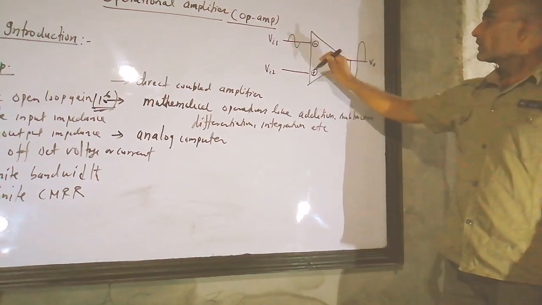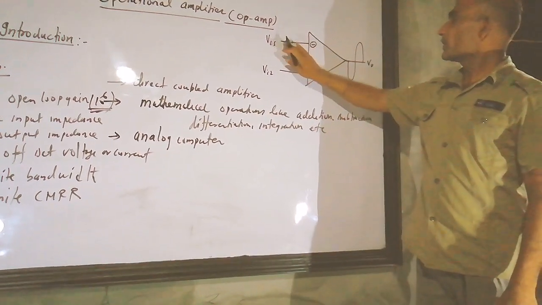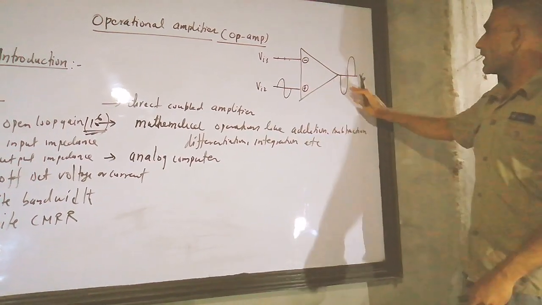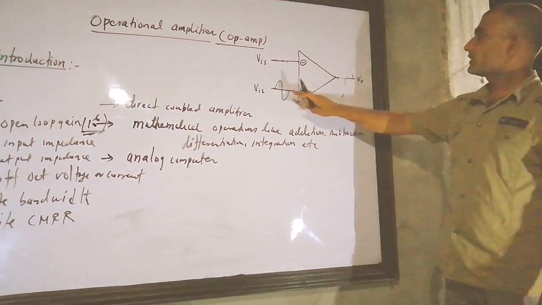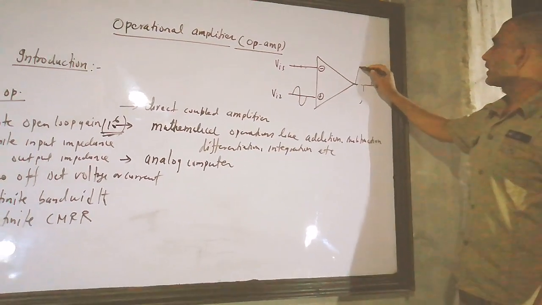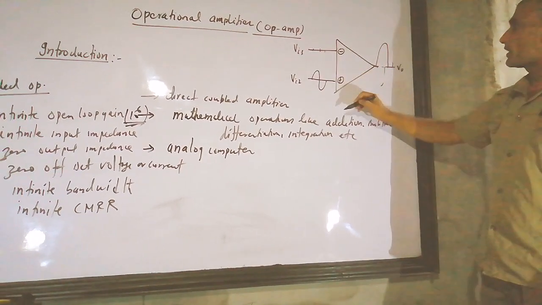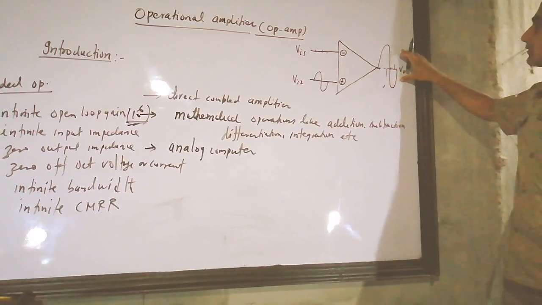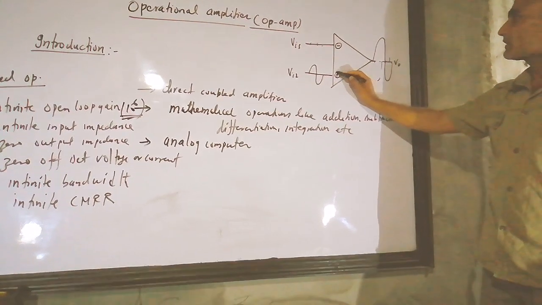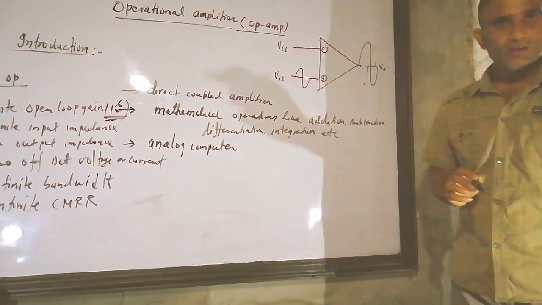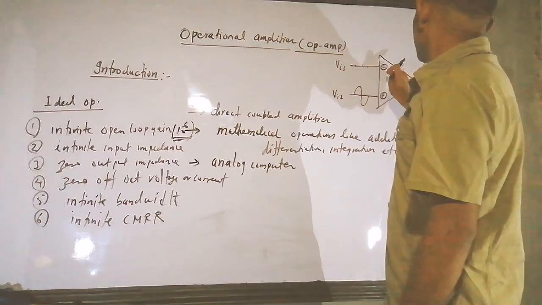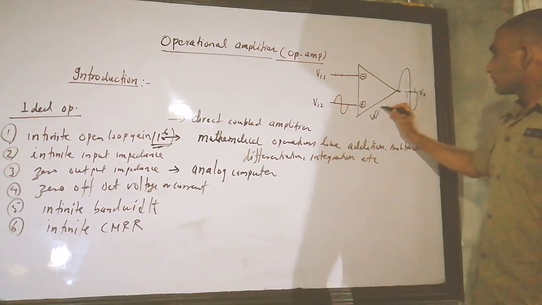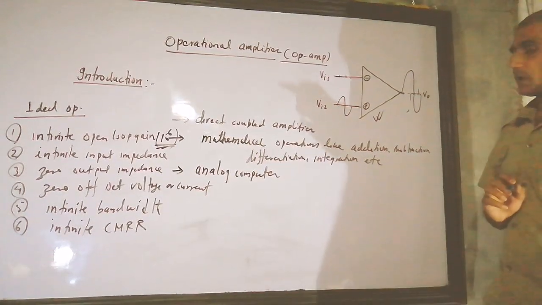Likewise, if I give the input at this other terminal, we get it in the same phase. This is going up, so here also goes up, and this part down, so there also down. So it is amplified or scaled, but in the same phase. So this terminal is the non-inverting input, and this is the inverting input. Okay, and so this symbol we get for the operational amplifier.